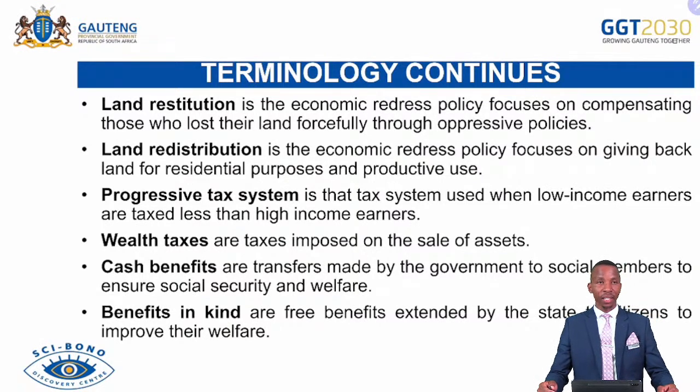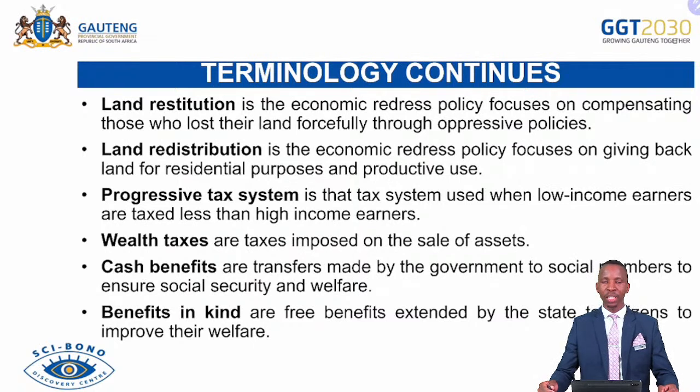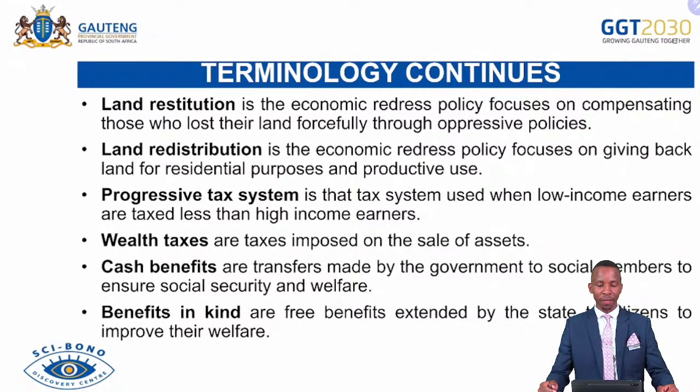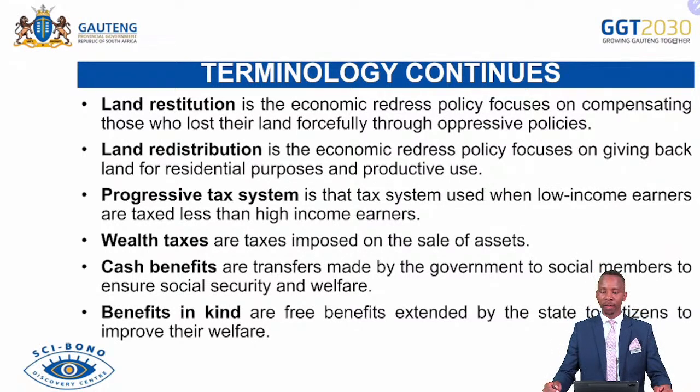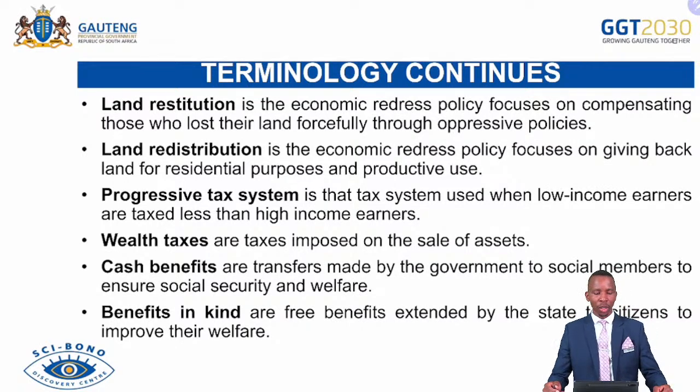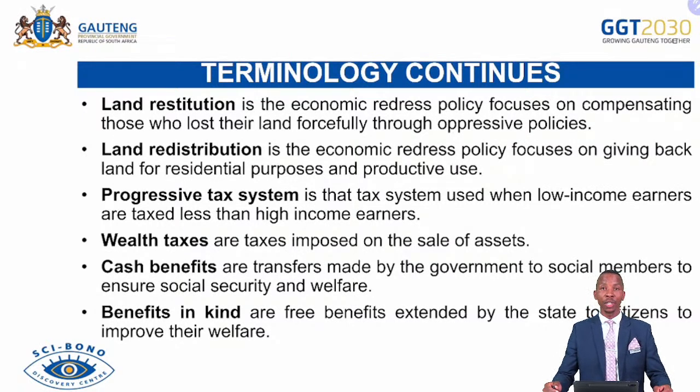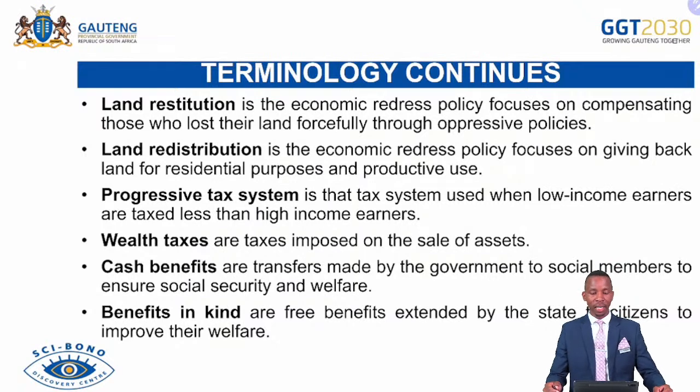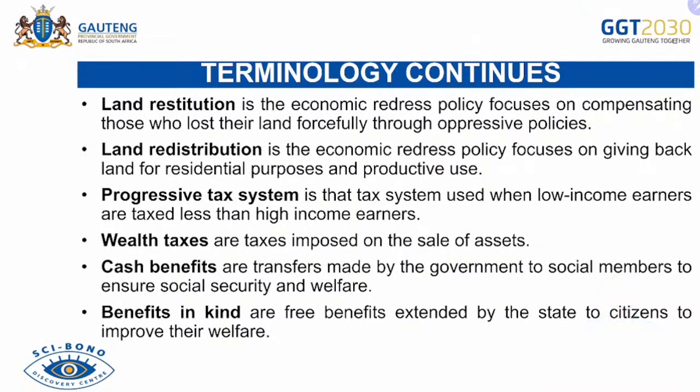And then wealth taxes. These are taxes imposed on the sale of assets. Cash benefits refer to transfers made by the government to social members to ensure social security and social welfare. Benefits in kind. These are free benefits extended by the state to citizens to improve their welfare.